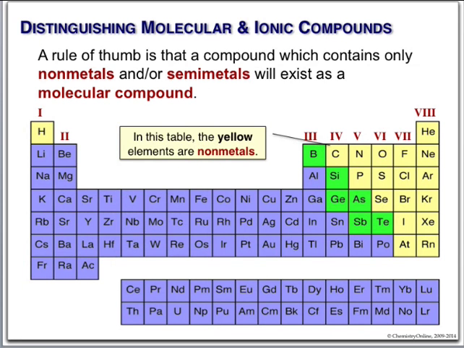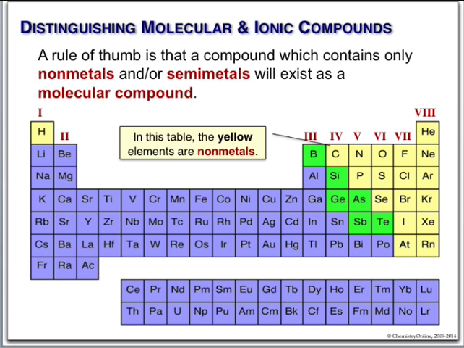I said that we were going to deal with two types of compounds, molecular compounds and ionic compounds. Molecular compounds are those that form covalent bonds, just like we did with nitrogen and with ammonia.